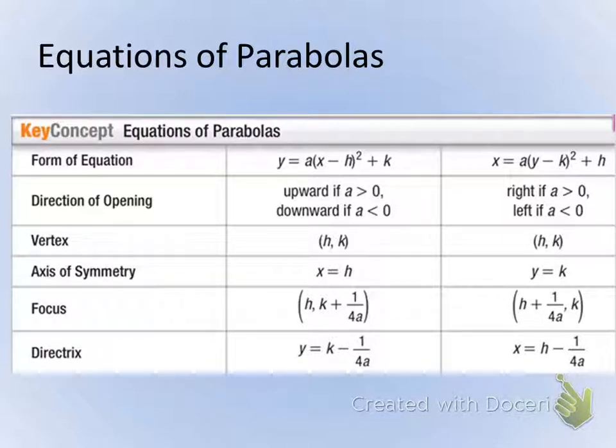Remember that? Opens up if a is bigger than 0, opens down if a is less than 0. Your vertex, (h, k), comes from this h and this k. That's your vertex. The axis of symmetry is vertical. Remember what the axis of symmetry is. It's that vertical line that goes through your vertex. So the vertex's coordinate is the same as the axis of symmetry's line. Okay, makes sense?